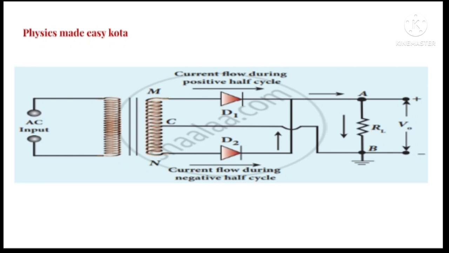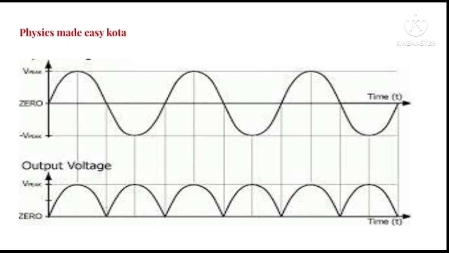So the current due to the diode D2 flows through the circuit and we get the output across the load resistance. In this way it acts as a full wave rectifier. Since both halves of the input AC are available in the output in rectified form, this is called a full wave rectifier.